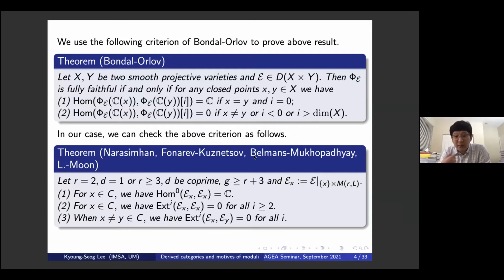And Belmans and Mukhopadhyay use quite a similar strategy to Narasimhan, and we use a technique of parabolic bundles. So anyway, there are various methods to compute this cohomology, and anyone can obtain this result by just computing this cohomology group.